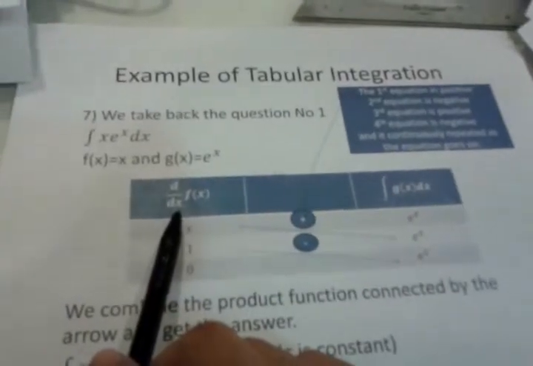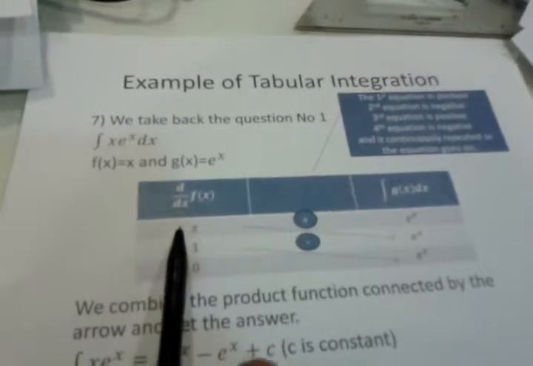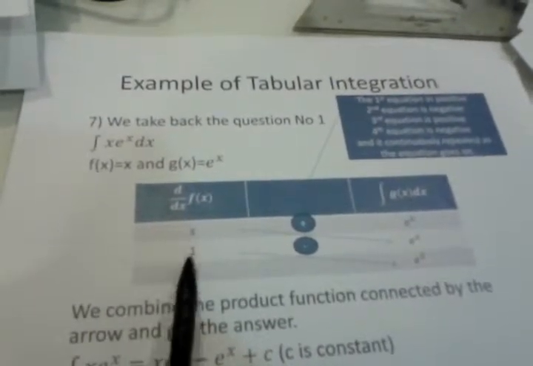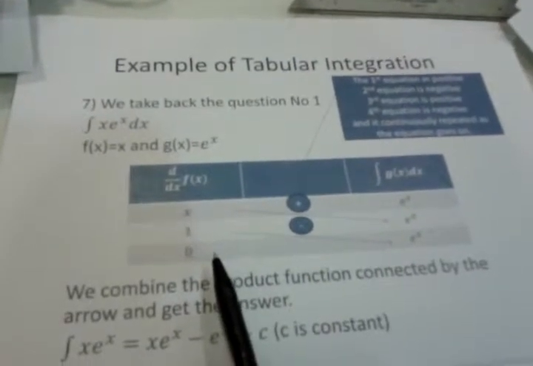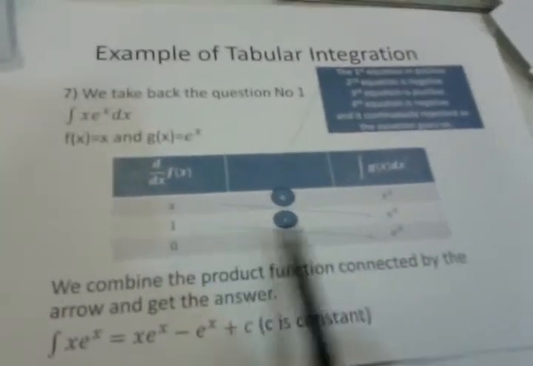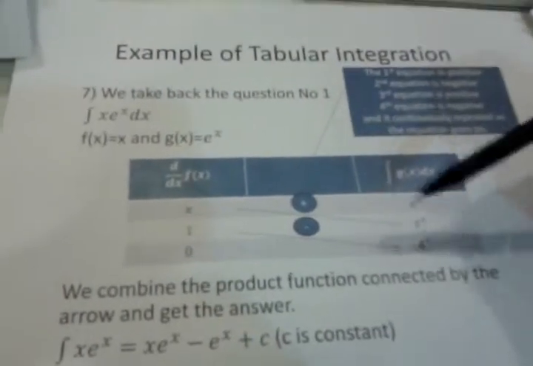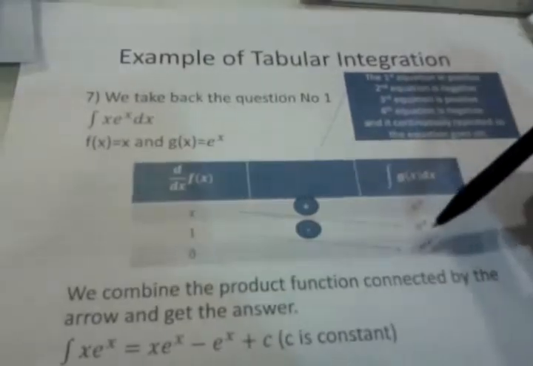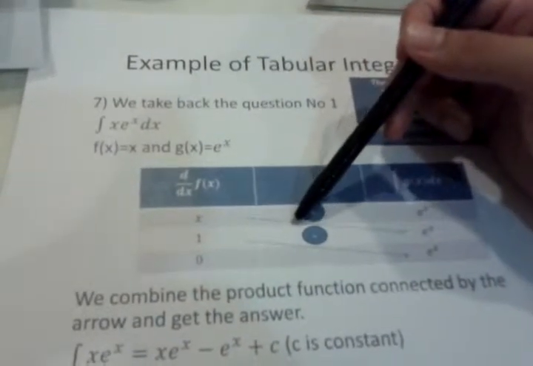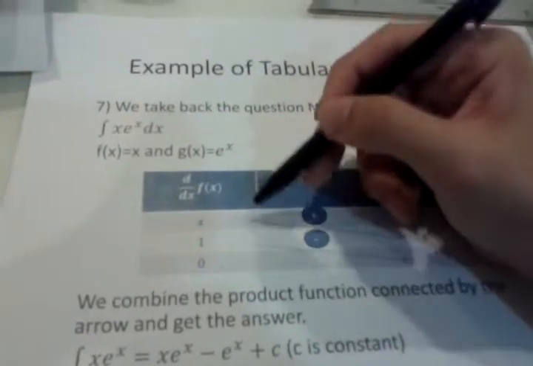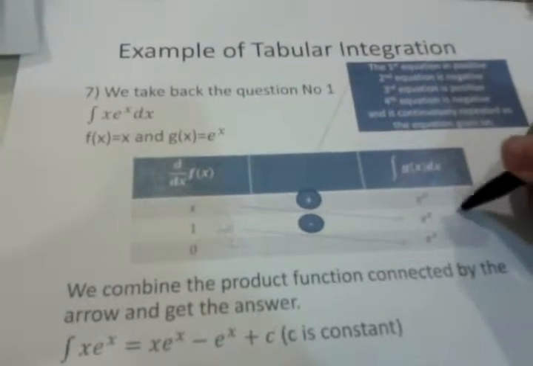We differentiate x repeatedly until it becomes 0, and we integrate g(x) until the differentiation becomes 0, and we will stop there. After we differentiate and integrate it, we'll draw a line: here is 1, here is 2, here is 3, here is 1, here is 2, here is 3.